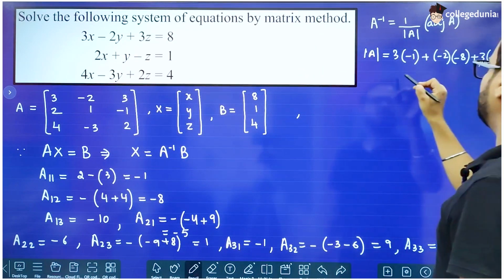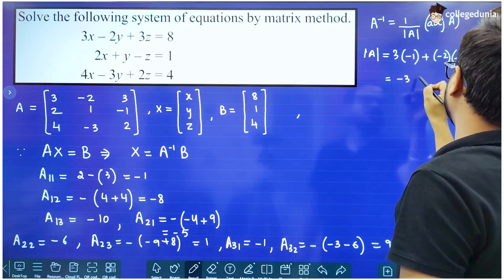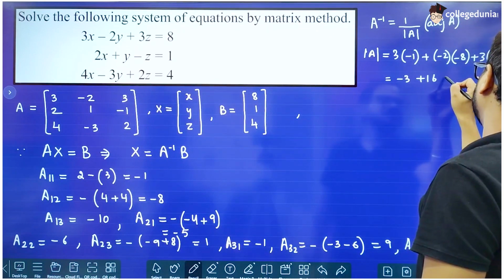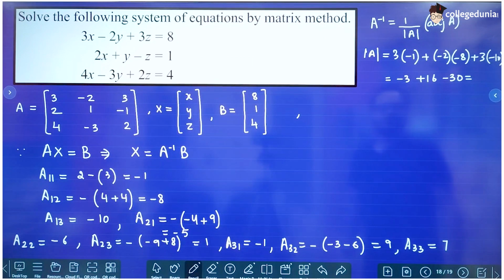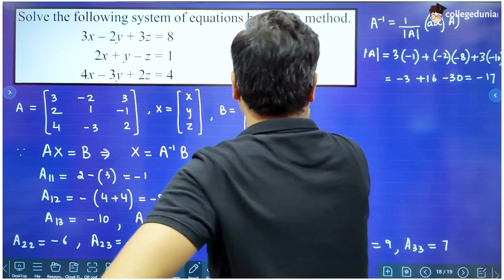So the determinant value is minus 3 plus 16 minus 30. Determinant value is minus 33 plus 16, minus 17. So what is adjoint A?